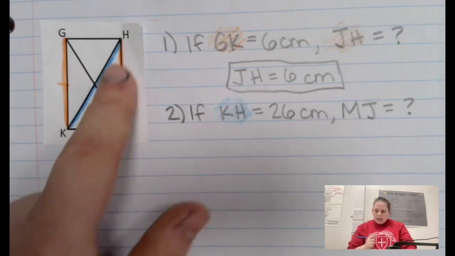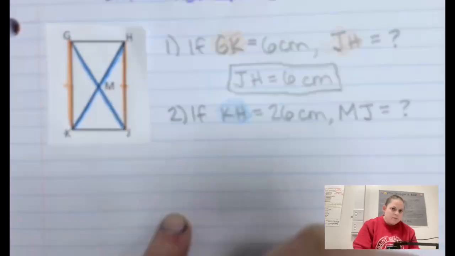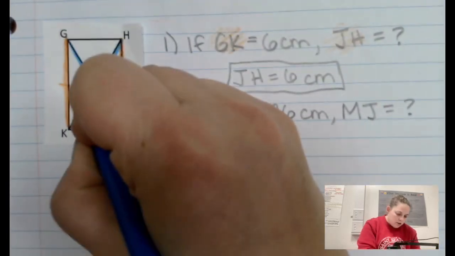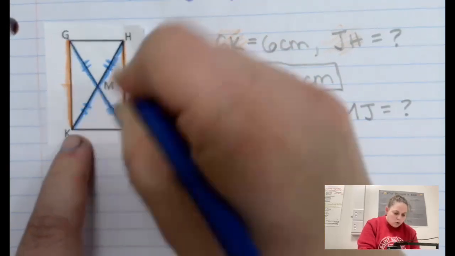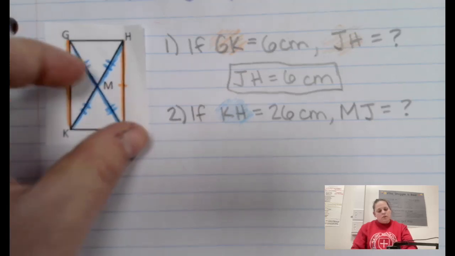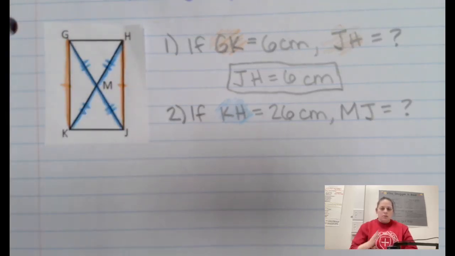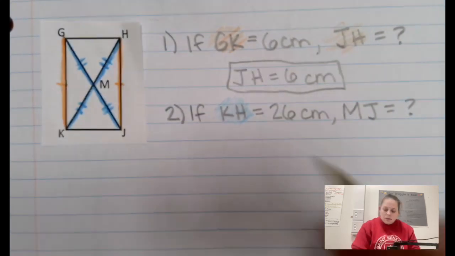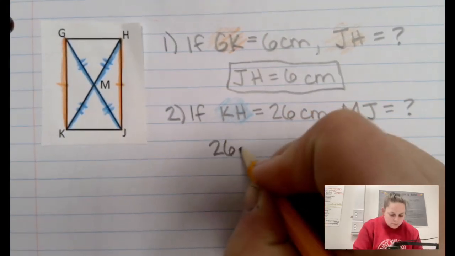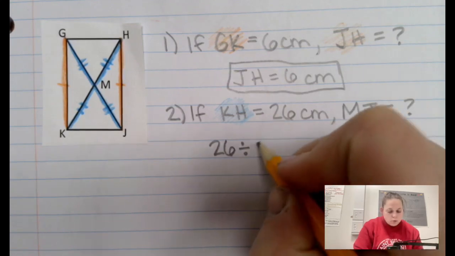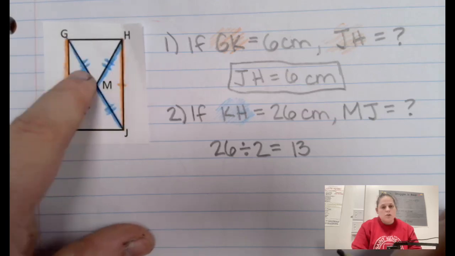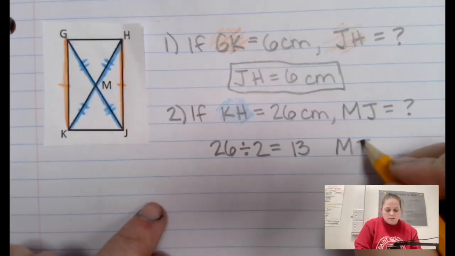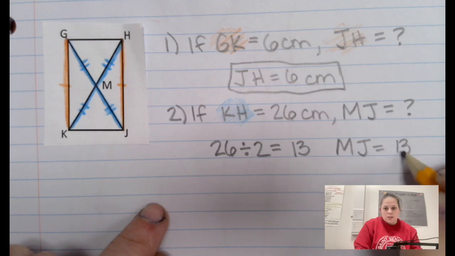So first thing I know is KH is the same as GJ. And we know all of these are the same. So if I know the whole thing is 26, all I need to do is find out what that would be cut in half. Because it bisects, it cuts it in half. So I'm going to take 26 divided by 2. And I get 13. So all of these are 13. So MJ is 13 centimeters.